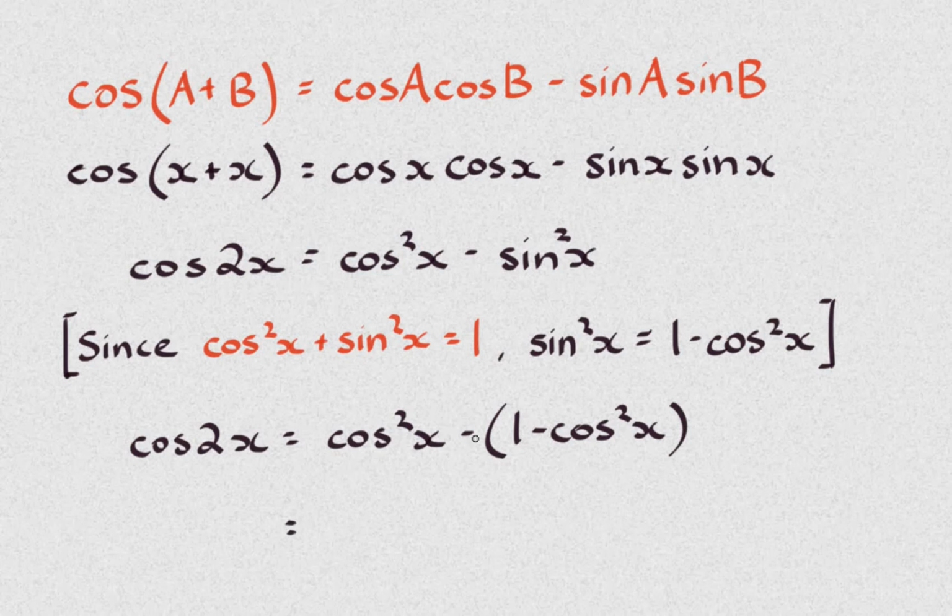When we tidy this right hand side up, we notice that the two negatives here make a positive, and so we have cos squared plus cos squared, or 2 lots of cos squared x minus 1.